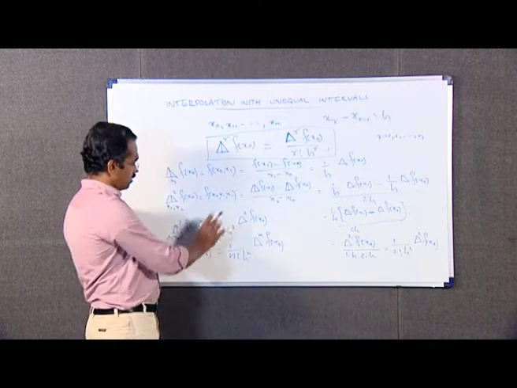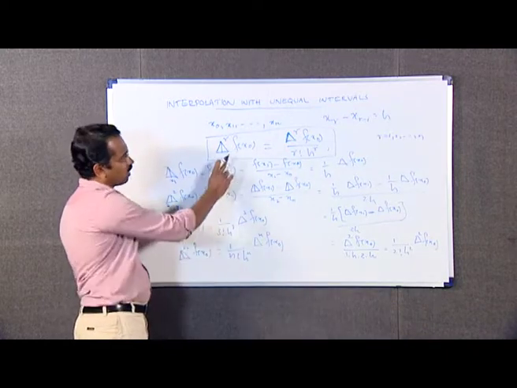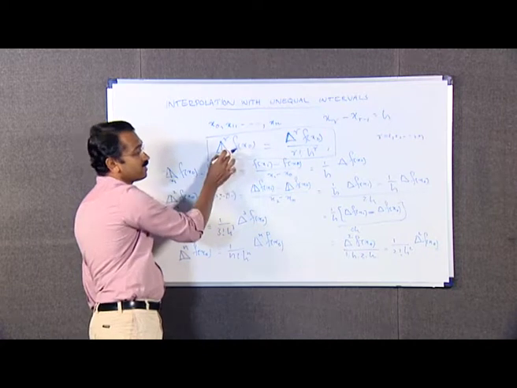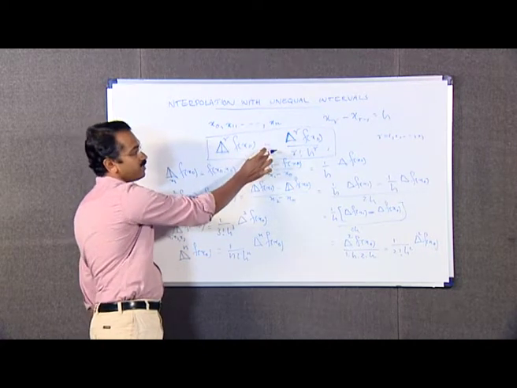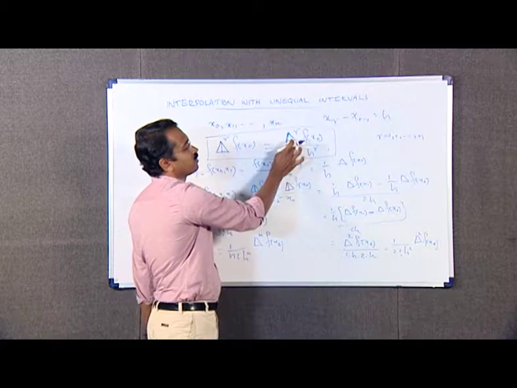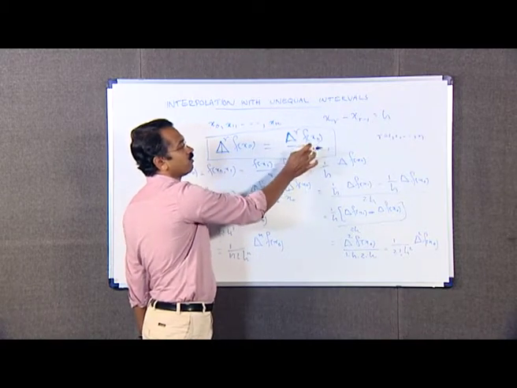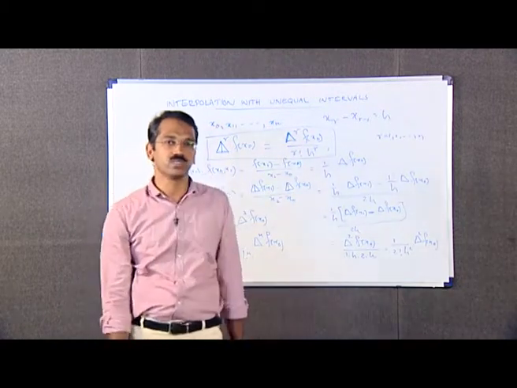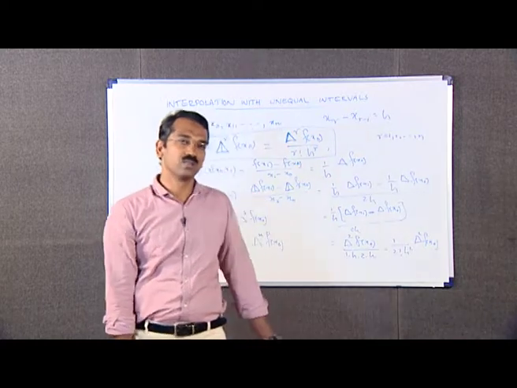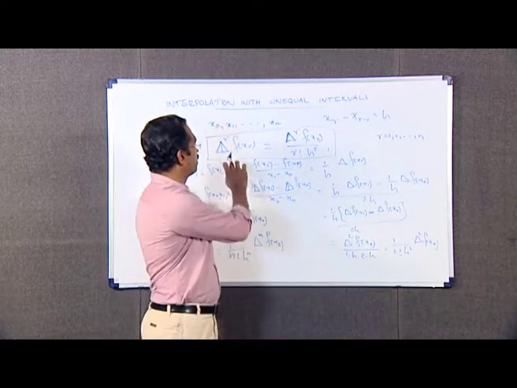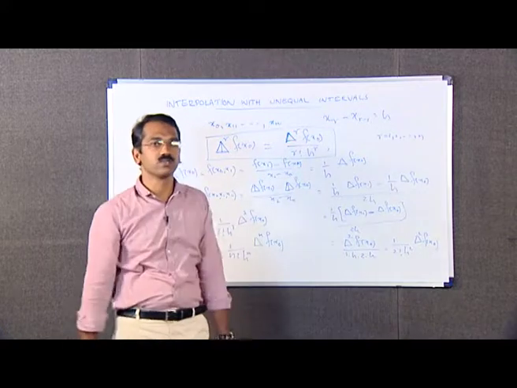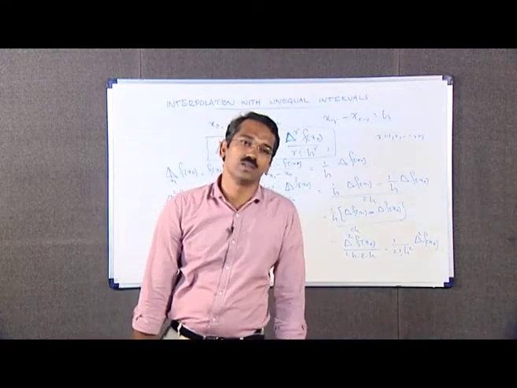That is, the rth order divided difference of f of x0 is the same as the forward difference delta raised to r f of x0 divided by r factorial into h raised to r. This is the relation connecting the divided difference and the forward difference operator.